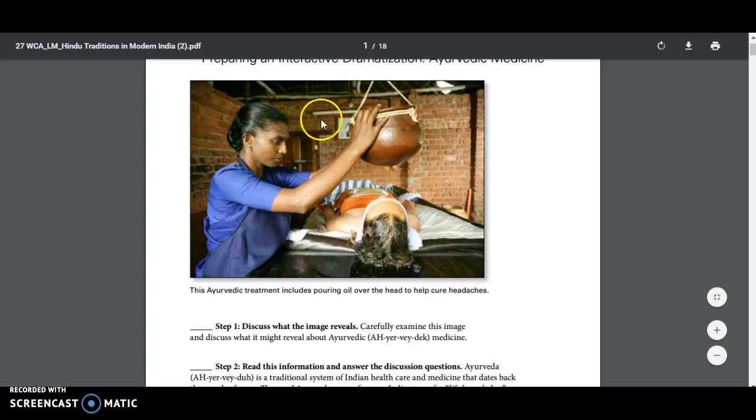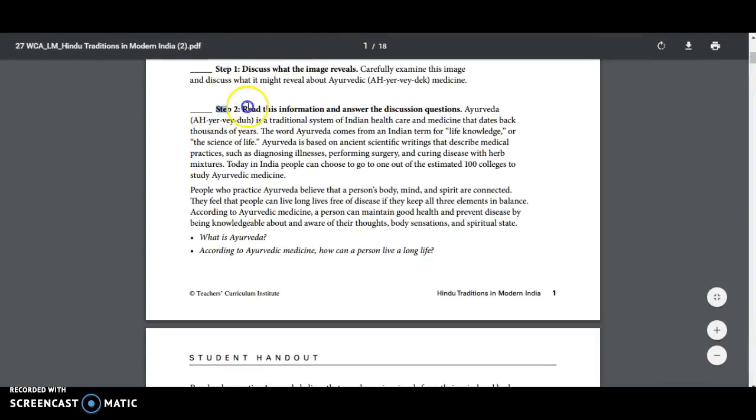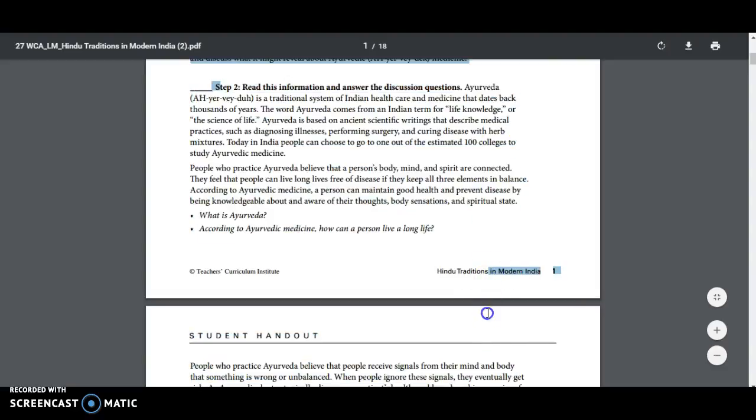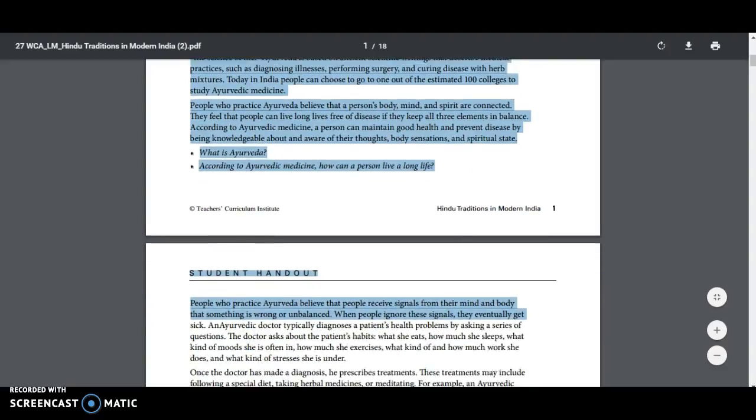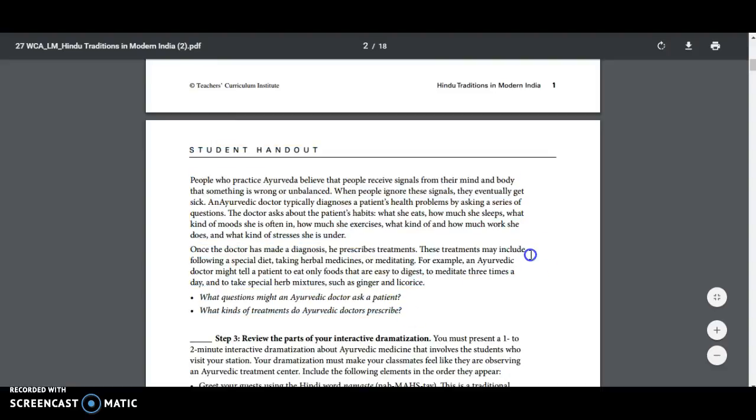Once you have discussed the picture with your partner, you are going to move on to step number 2. You are going to read the information that I am highlighting right now. Not that much, only about half a page.